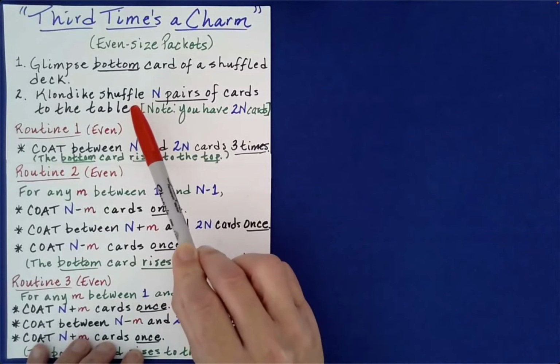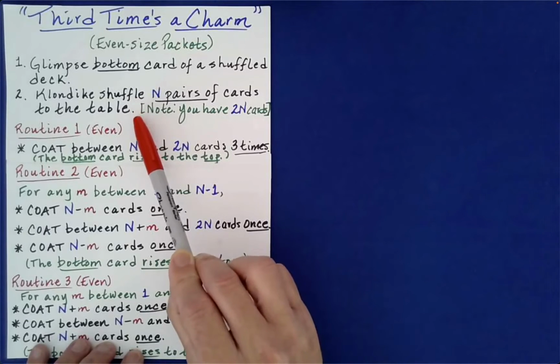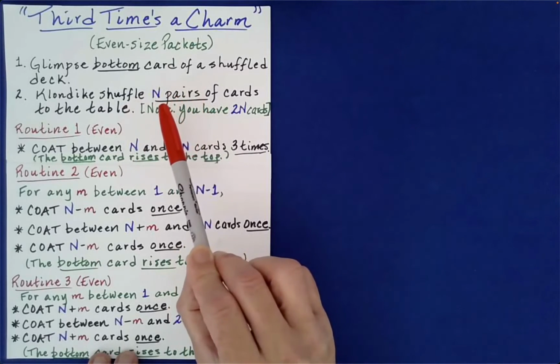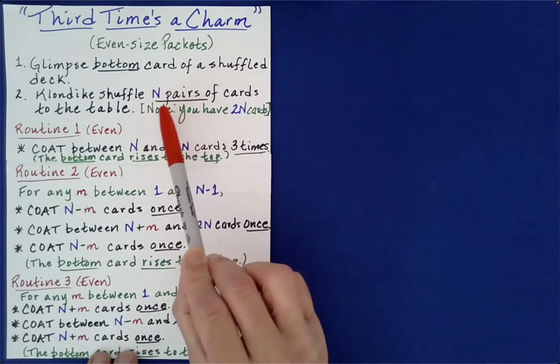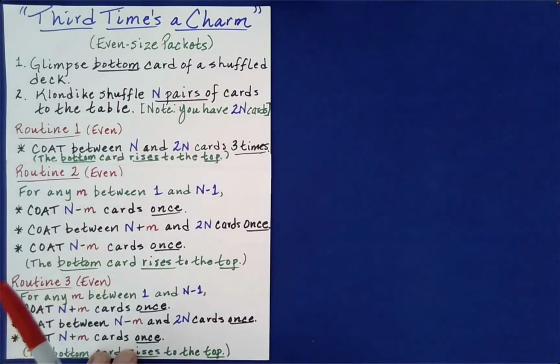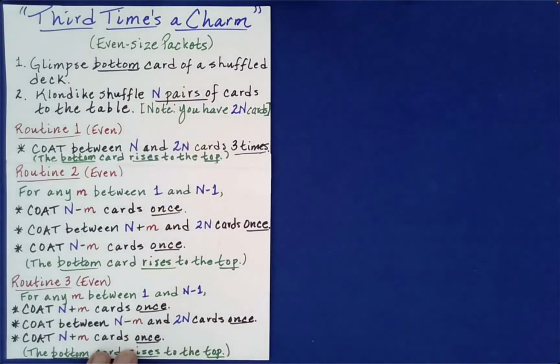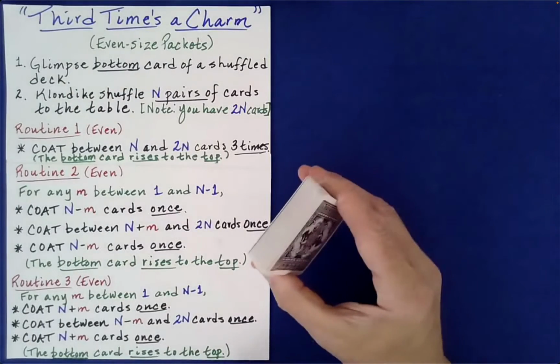Since we will be Klondike shuffling pairs of cards to the table, the special card that we want to reveal at the very top of the packet at the end will be the original bottom card of the deck. Now, I mentioned here, glimpse the bottom card of a shuffled deck. That is certainly one way to proceed.